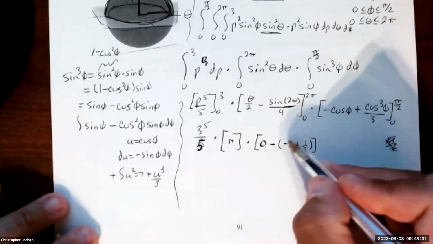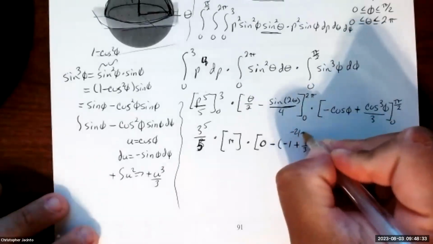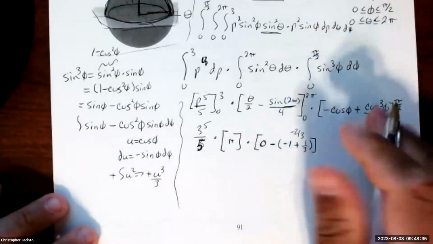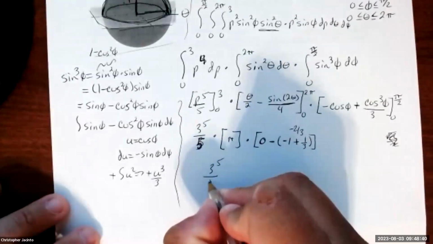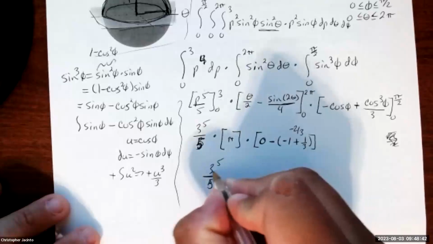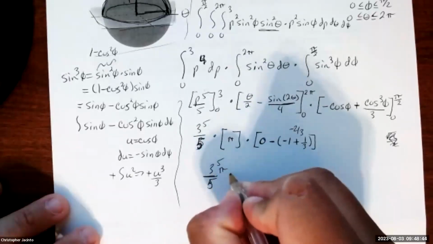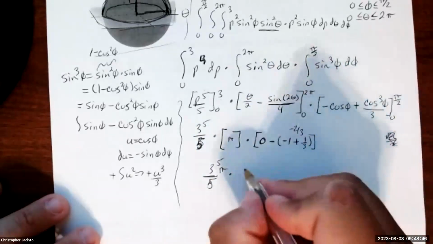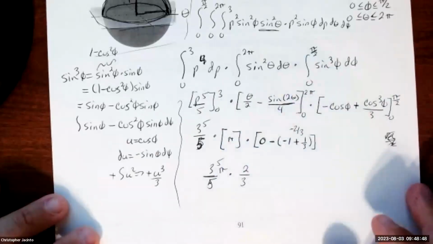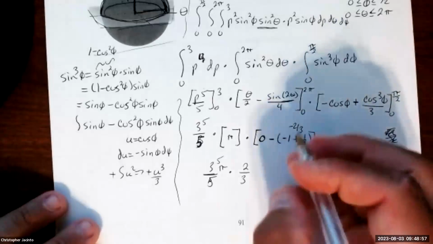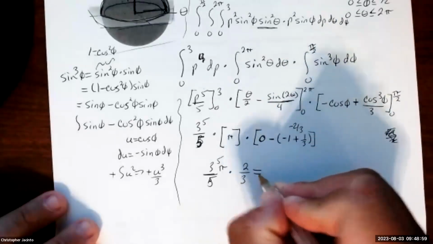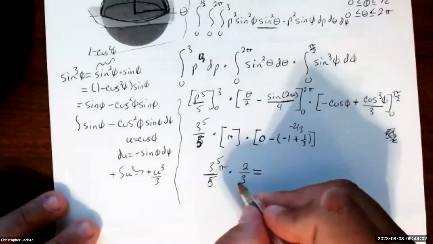Okay, so this ends up being negative 2/3, but negative makes it positive. So I get 3 to the 5th over 5. Just put the pi in there. Times positive 2/3. Well, I guess we can simplify this a little bit.